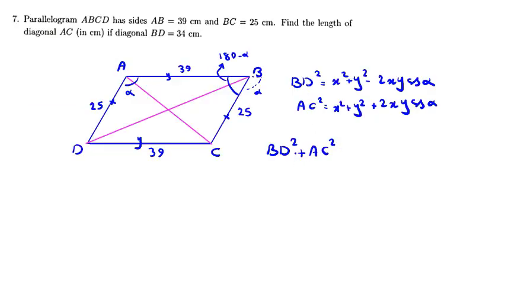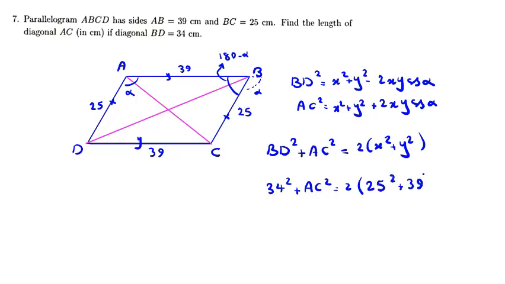So let's solve it. BD squared, this idea also was useful in AMC for USA. BD squared plus AC squared equals 2 times x squared plus y squared. We know BD squared is 34 squared, plus AC squared, equals 2 times x squared, which is 25 squared plus 39 squared.